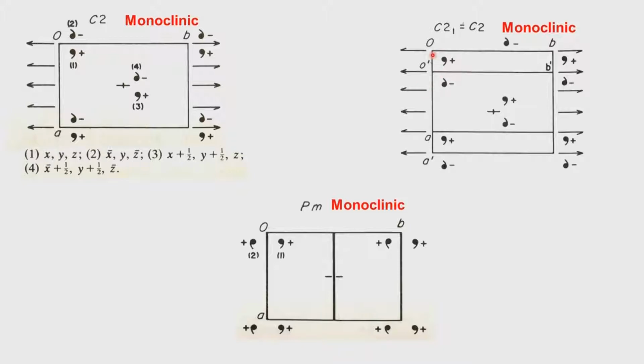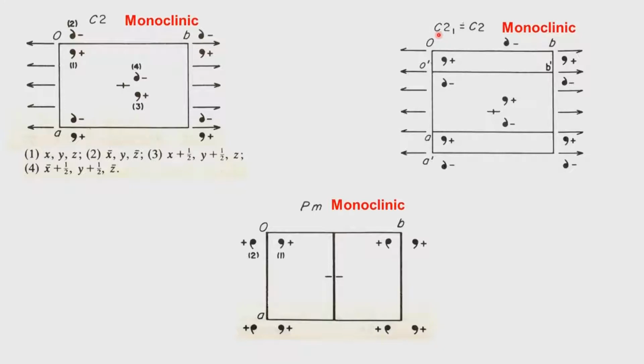What is important here is to look at where the 2-1 symmetry positions are located. Suppose we take this as the origin, the 2-1 symmetry is located with respect to the 0 position here, and therefore, this now defines the unit cell OA. OA is the unit cell and OB is the unit cell that is associated with the C21 space group.